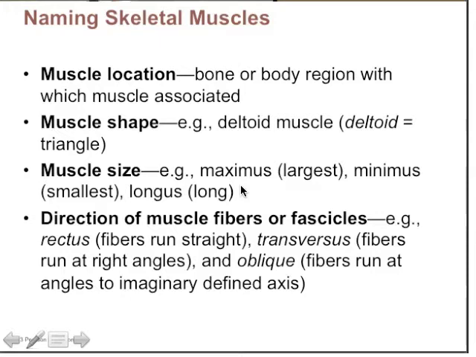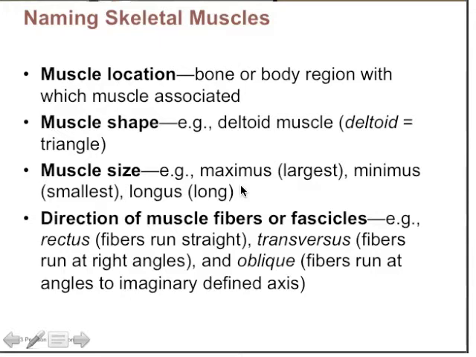For example, if we have rectus in the name, that means that the muscle fibers run parallel to the long axis of the body. If we have transverse in the muscle name, we mean that the fibers run perpendicular to the long axis of the body. And if we have oblique in the name, it runs at an angle in between those two angles, something like 45 degrees or some other angle to the long axis of the body.